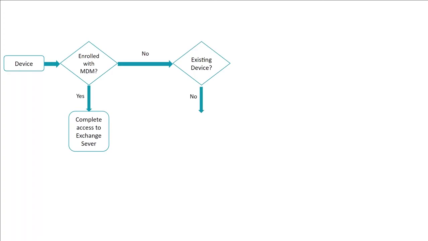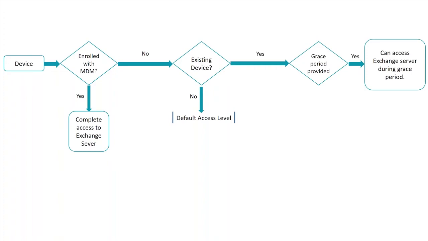If it is not an existing device, then the default access level set will be applied to it. However, if it is an existing device and if a grace period has been provided, then it will have access to the Exchange server during this grace period. Once the grace period is over, and if the device is yet to be enrolled into the MDM server, then the access to Exchange is denied.